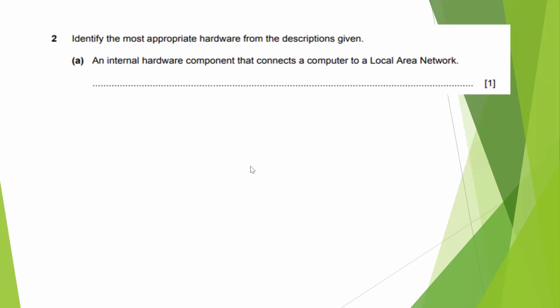Now see this one. Internal hardware component that connects a computer to a LAN. Bridge. Read it again.